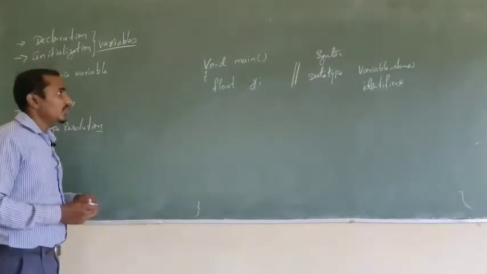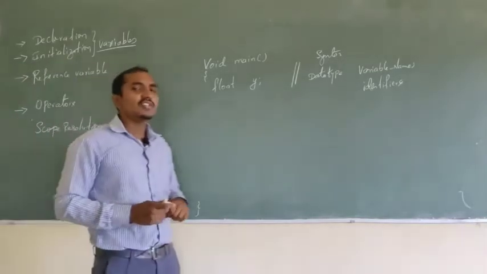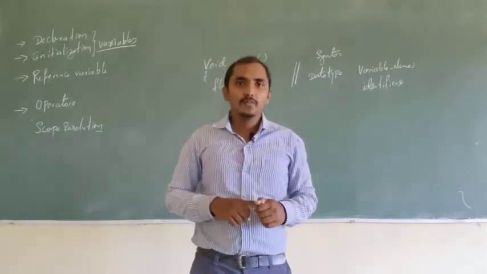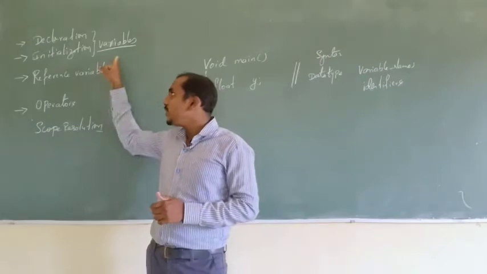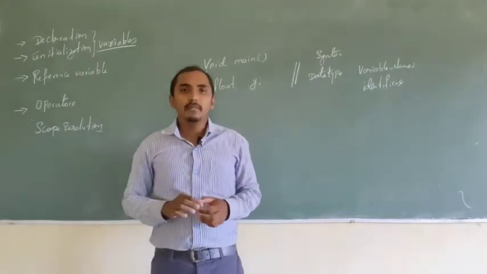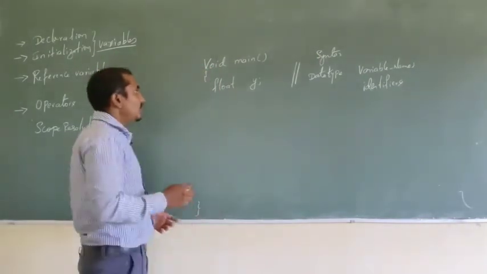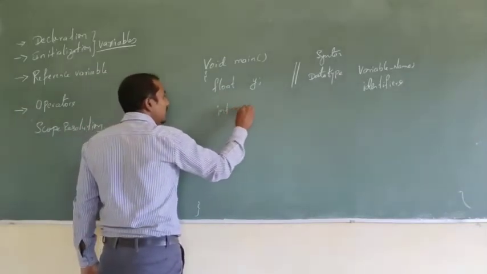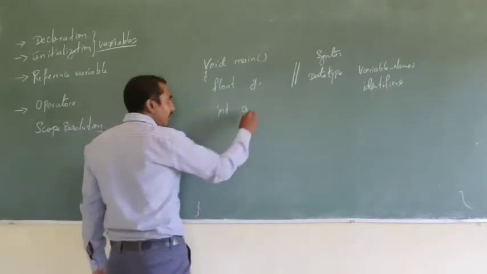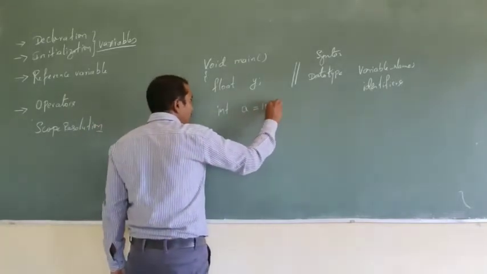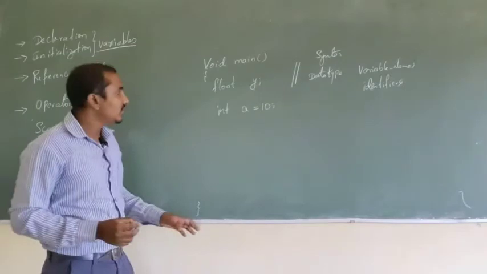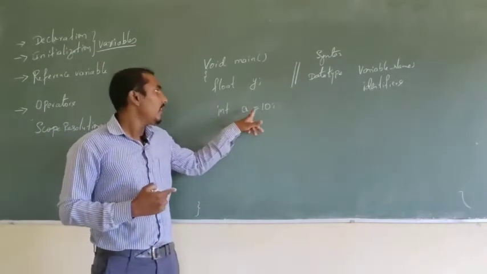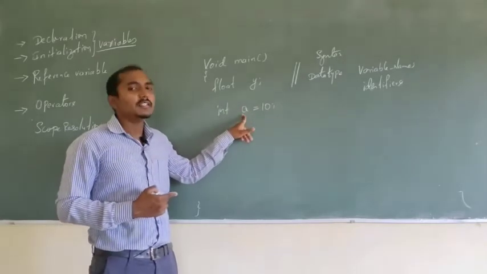Next thing is initialization. Initialization is nothing but the process of assigning an initial value. We are giving some initial value to that particular variable. If I write a variable like integer a, and assign some value to it like 10, then whenever memory is allocated for this particular variable a, I am going to assign the value 10 to it.